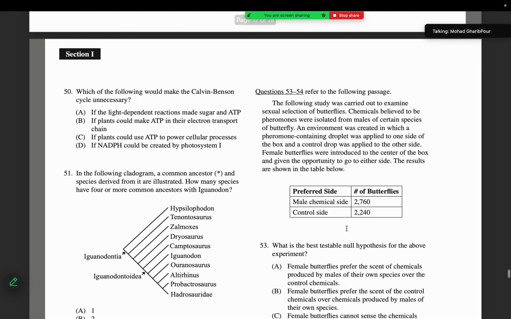And then 50. Which of the following would make the Calvin-Benson cycle unnecessary? You guys don't know what that is. Either Princeton is teaching a whole other level of AP Bio, or the stuff was removed. I just don't remember going through those processes as deep as Princeton has it.